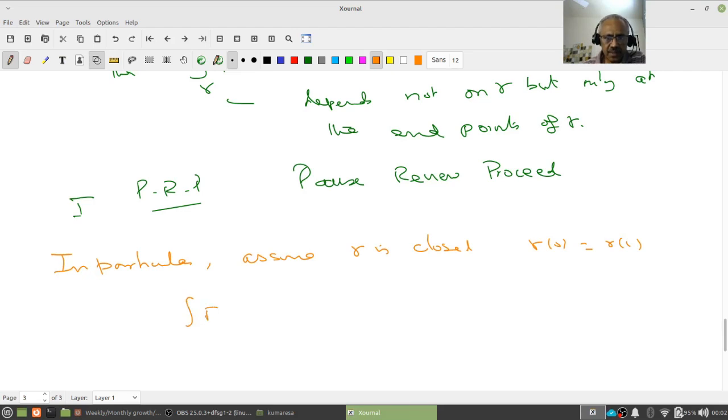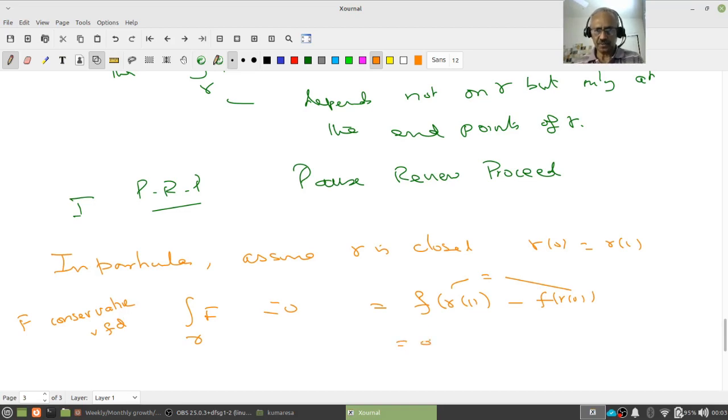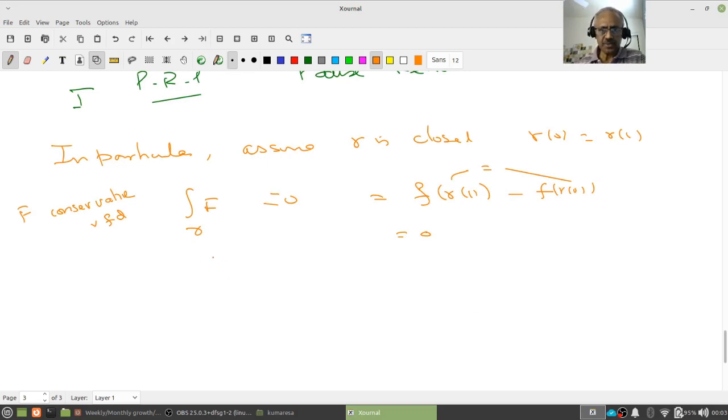Then what is the integral of F over gamma for a conservative vector field? This must be 0, because this is f of gamma 1 minus f of gamma 0, but gamma 1 and gamma 0 are the same. Therefore, the value of f is a function, so this is 0. So please recall, review in case you have not learned. It doesn't matter. It's not necessary that you remember it, but just go through this because this will help you understand what I am going to say next.